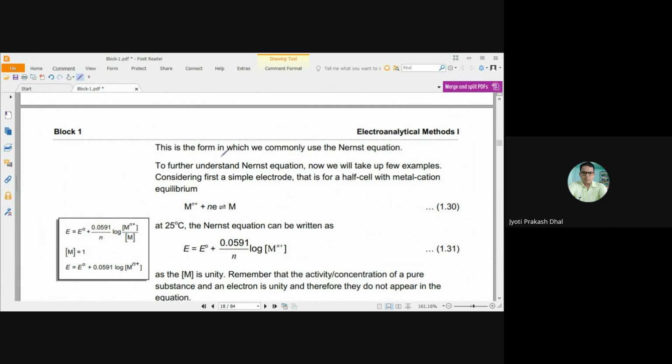This is the form which is commonly used in the Nernst equation.